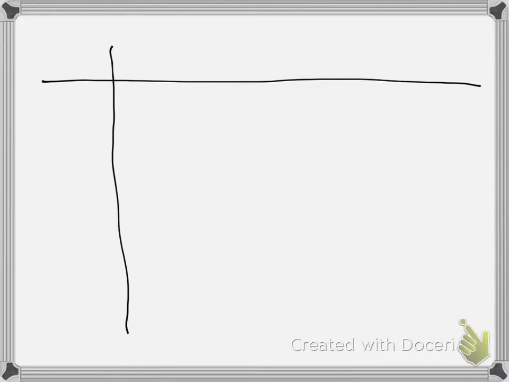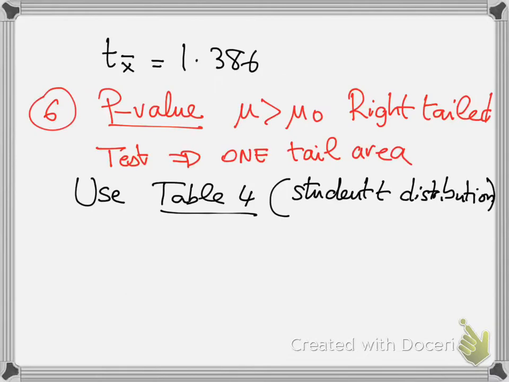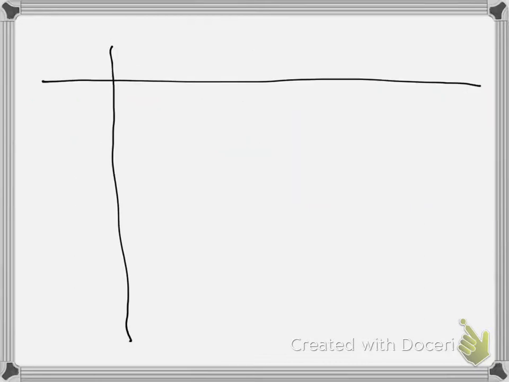So in the table, you can see in the top, because we are interested in one tail area, we're gonna use the first row, that's one tail area.